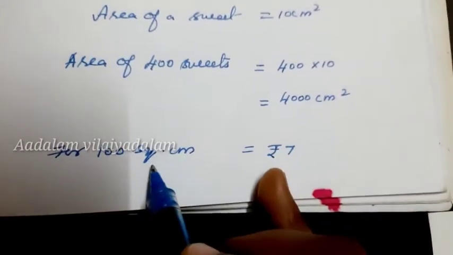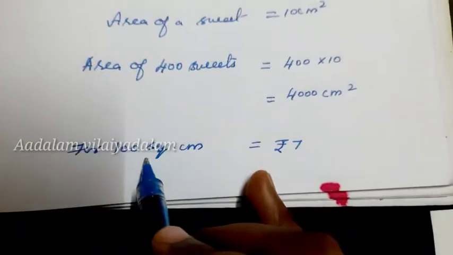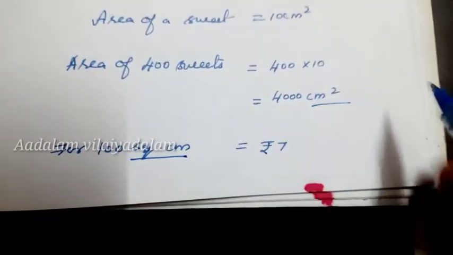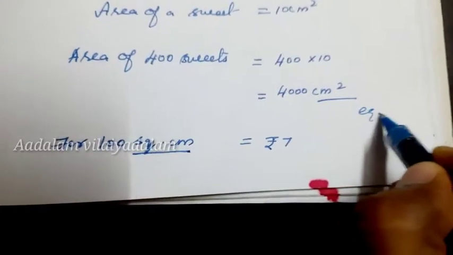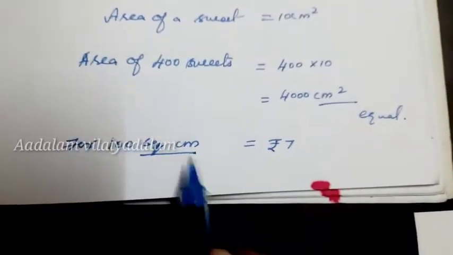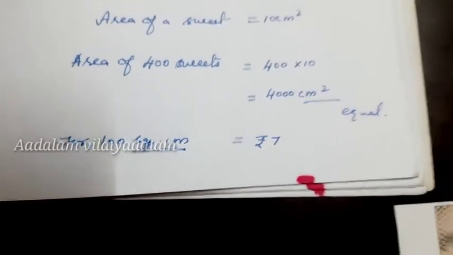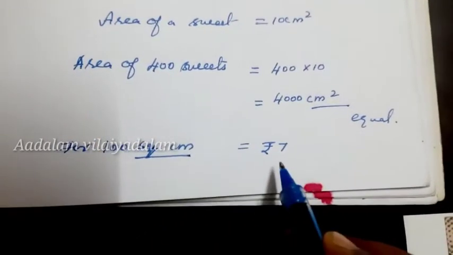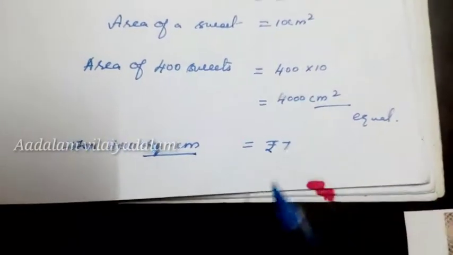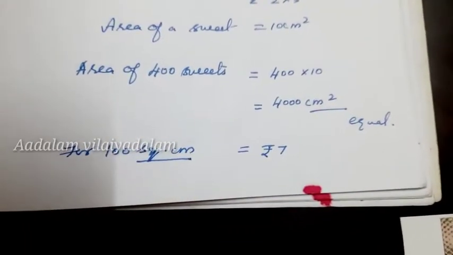So here you have to understand that square centimeter and centimeter square are equal. So there is no difference between them. So for the 100 they are spending rupees 7. So we need to find for the 4000 how much is the cost.